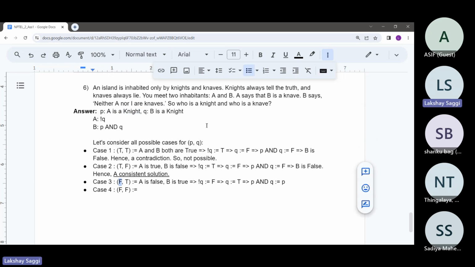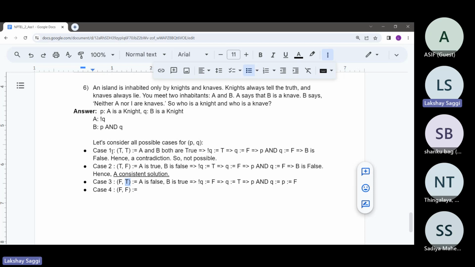So A is a knave. Maybe I'm causing a bit of confusion, but I'm just taking these four cases between P and Q only. So P is true, Q is true; P is true, Q is false; P is false, Q is true; and P is false, Q is false. So P is false and Q is true.